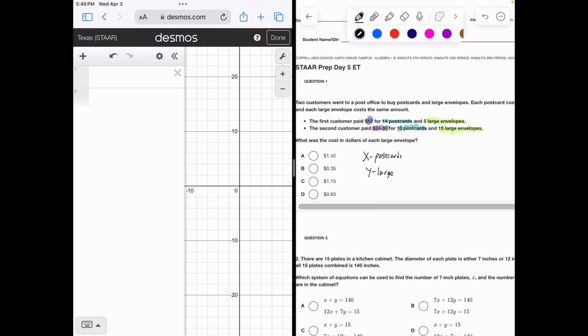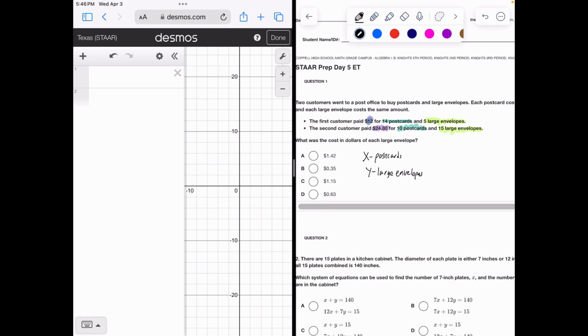We're going to set up a system of equations to solve for X and Y. A system of equations is two equations happening at the same time, so we need two equations created from each customer.